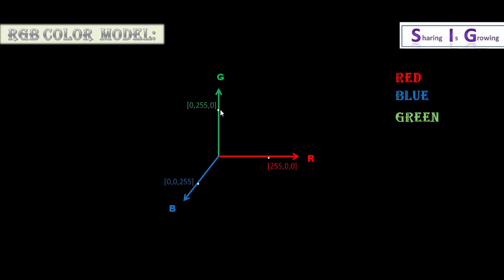If I join these two lines and make a point over here, this is another point which has the intensity of both green color and red color, and it generates a new color, yellow. When we combine the intensities of green and red at a particular point, we get a new color known as yellow.